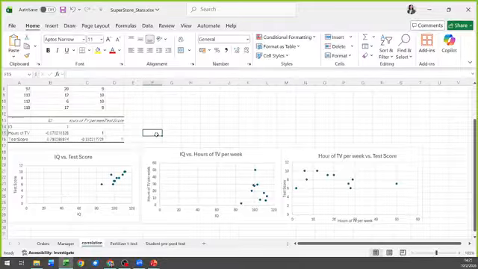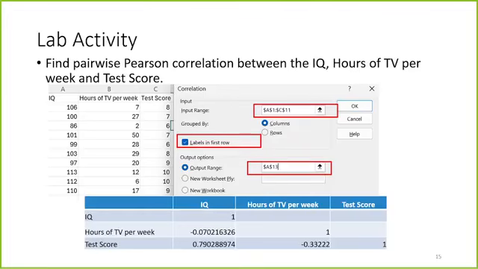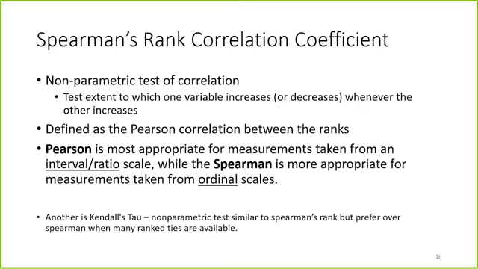Okay, now what other choice do we have if we want to make the correlation coefficient less sensitive to outliers? We have another option called the Spearman rank correlation coefficient.